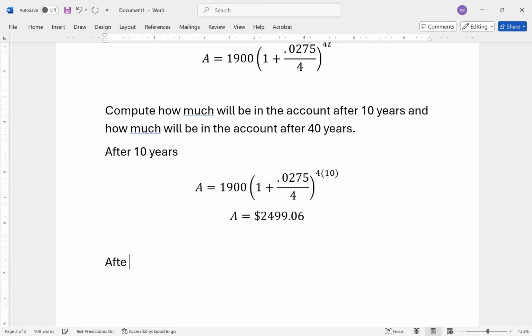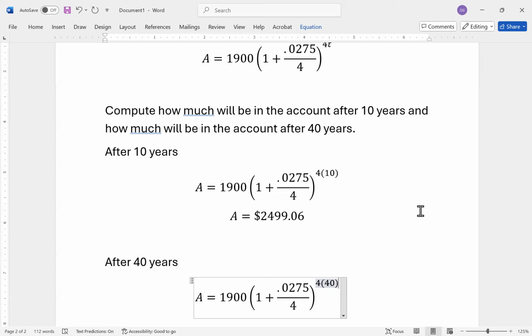Let's see what happens after 40 years. We're not going to gain an additional $600. We're going to gain more than that. We're going to take 1,900 times 1 plus 0.0275 over 4, and raise that to the 4 times 40.